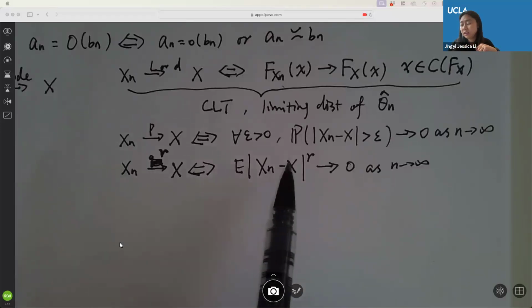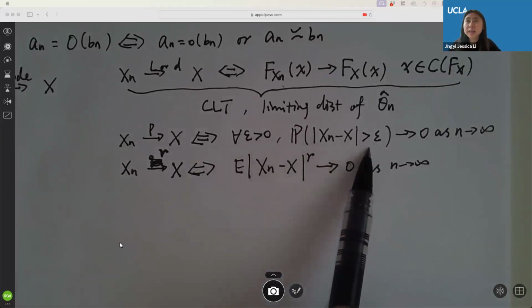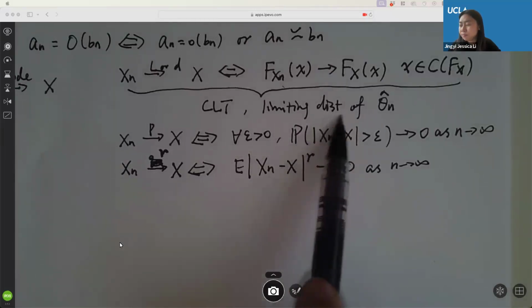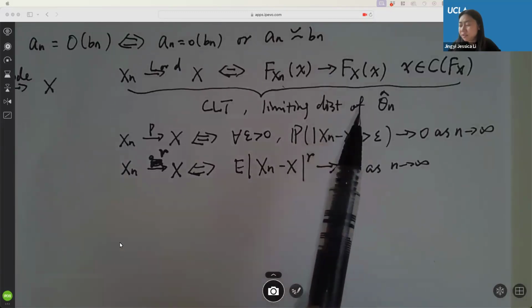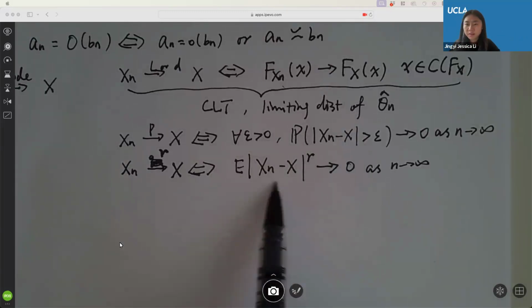It's possible the violation probability is small, but if the violation value, that is |Xn minus X|, is very large, even though it only occurs infrequently, then this thing could still explode.